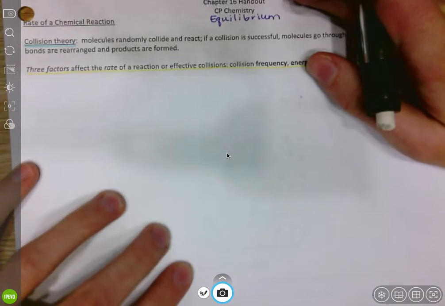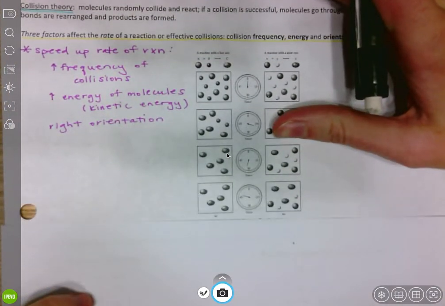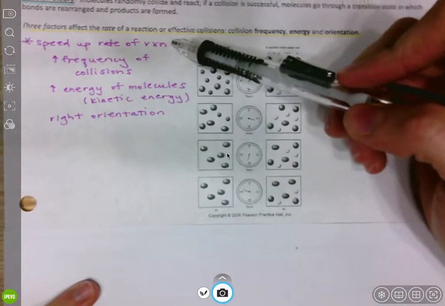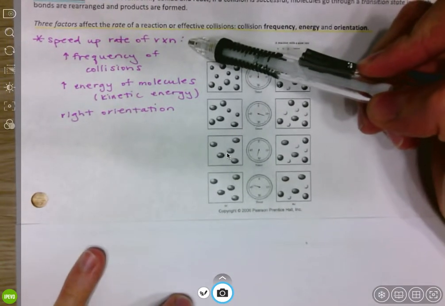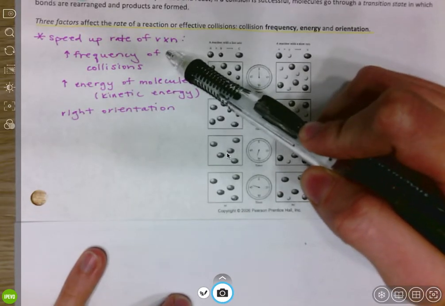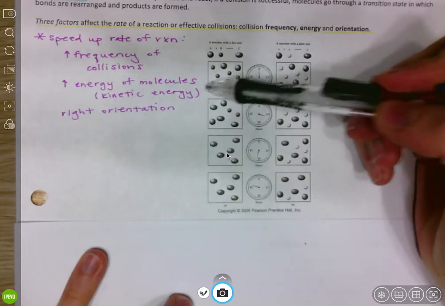in order for a reaction to occur. All right, so in order to speed up a reaction, talking about those three things, frequency, energy, and orientation. If we want to speed up the rate of a reaction, so how quickly a reaction occurs, we need to increase the frequencies of collisions, so how often they happen, the energy of the molecules.